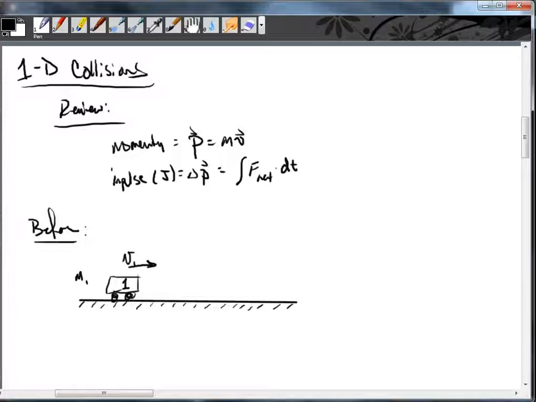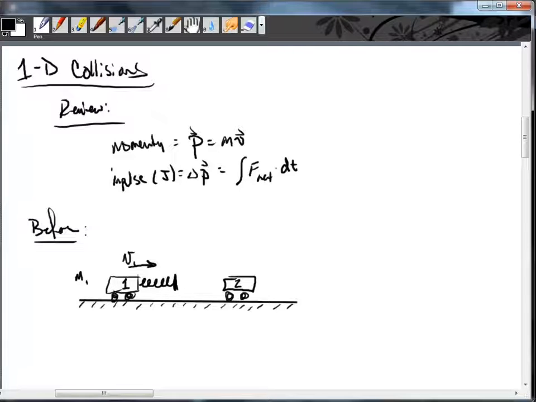By the way, this is going to subscript you to death. We are going to have so many subscripts right now that we don't want you to get lost in what's going on, although saying it out loud and writing them at the same time makes it easy to get them confused. On our first crate, we have a spring, moving towards crate 2 with the initial velocity.